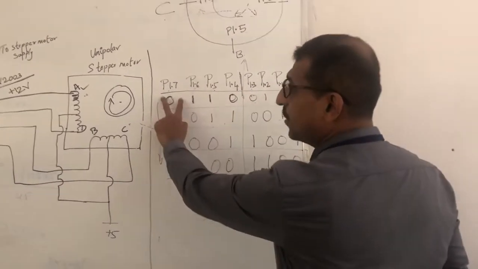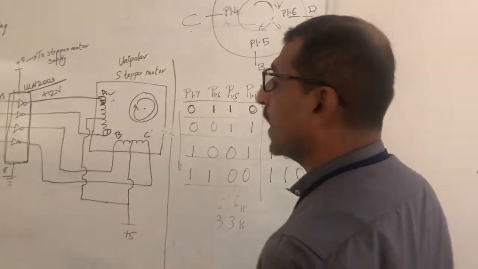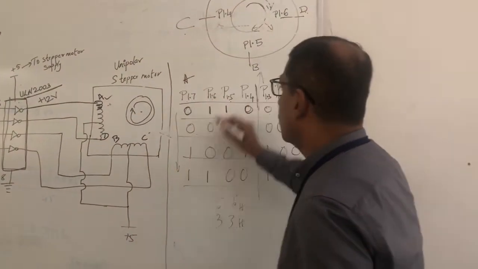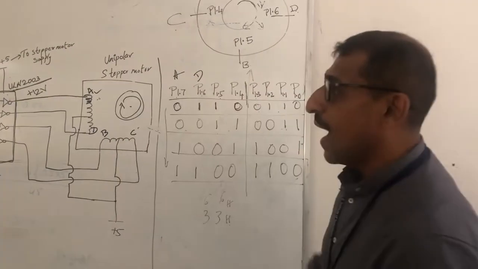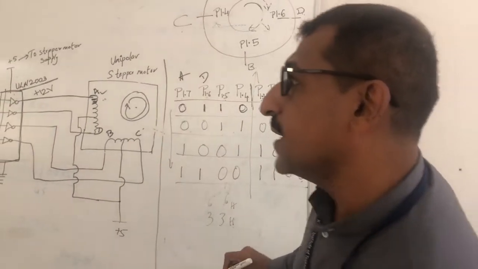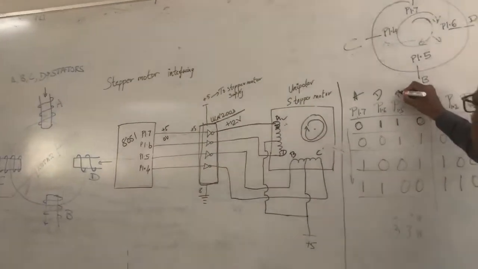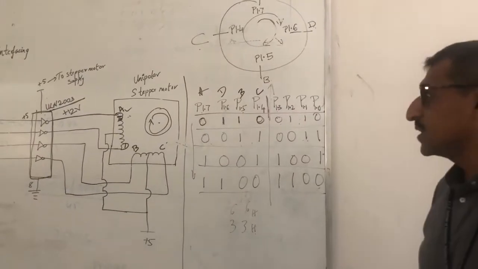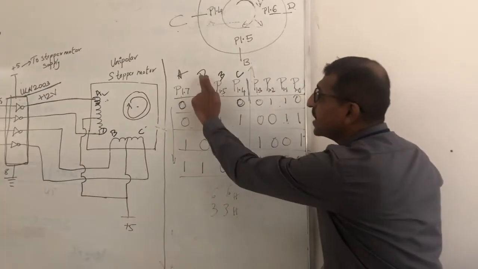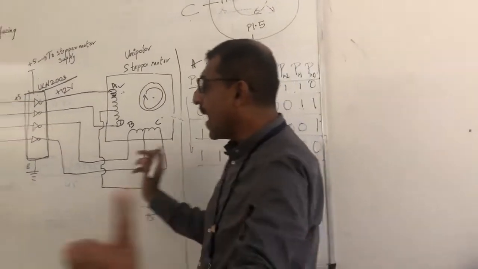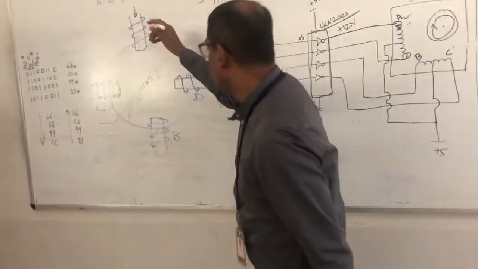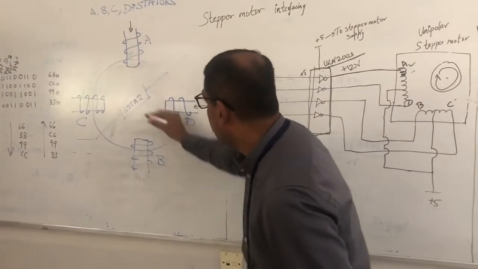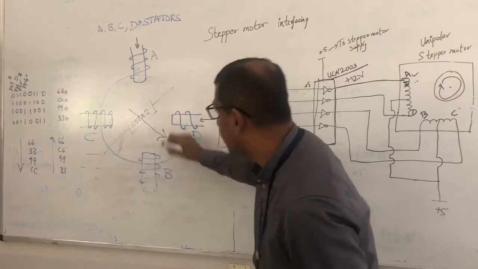This means that P1.7 is connected to A, this is connected to D, the third one is connected to B, and this is connected to C. So you are energizing D and B here. If you come back and see in the diagram, D and B make the rotor stand here.